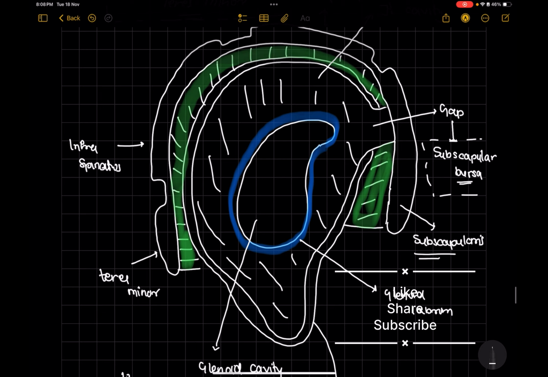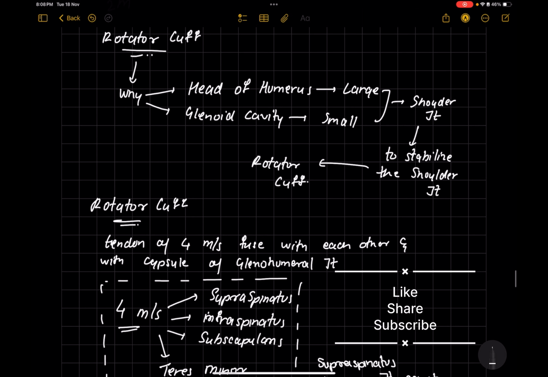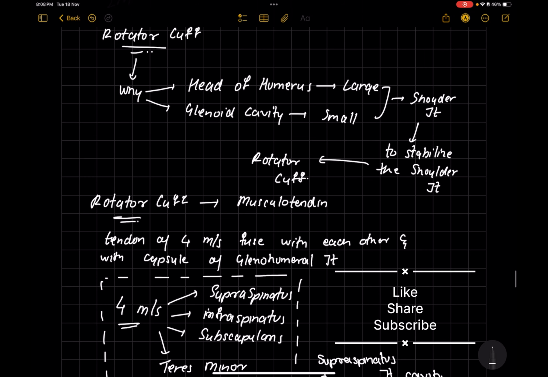And some also refer to the rotator cuff as the musculotendinous cuff. So when you see in your exam what tendons make up the musculotendinous cuff, don't get too pressurized or overthink. Don't say I have not studied this musculotendinous cuff, I have studied a rotator cuff. Don't think too much about it, these are the same thing.